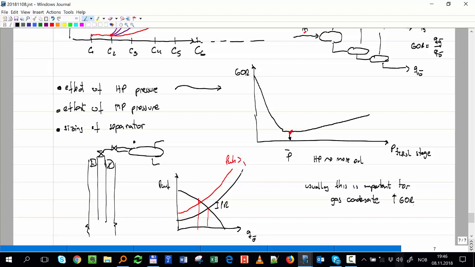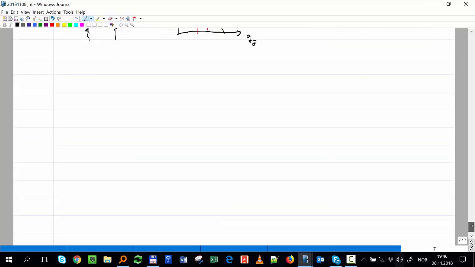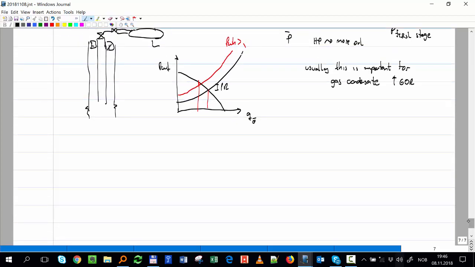Therefore I can increase the pressure and not lose too much in rate at the equilibrium, but I will get a lot in oil by changing that pressure. So for gas, sometimes this is an issue, but normally I like to keep it as low as possible when I have oil.